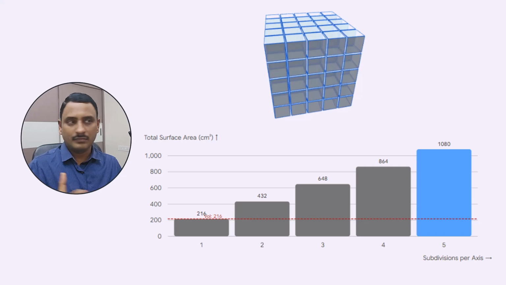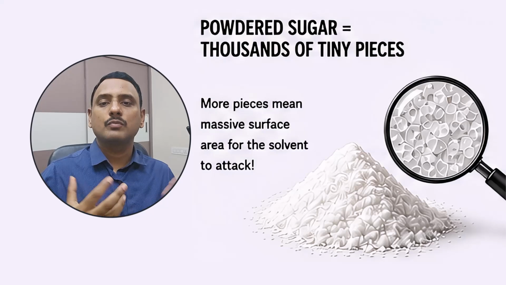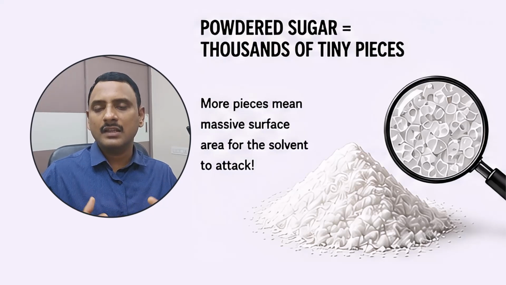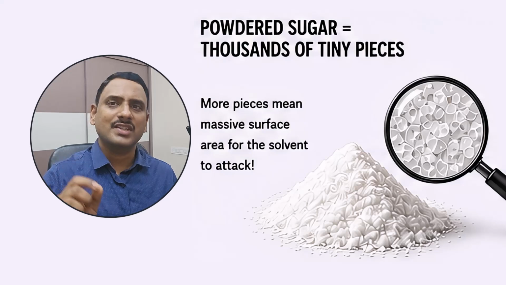So see, without changing the volume, by subdividing the cube of sugar into multiple pieces, you are increasing the surface area. As you go on doing this, the powdered sugar will have much more surface area than a single individual cube. And remember, this isn't just about sugar.